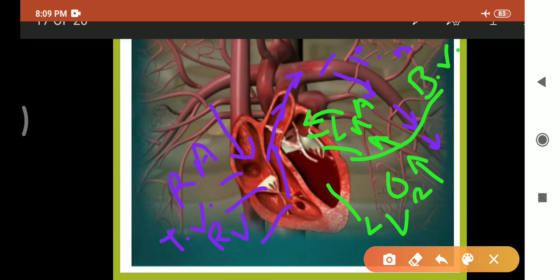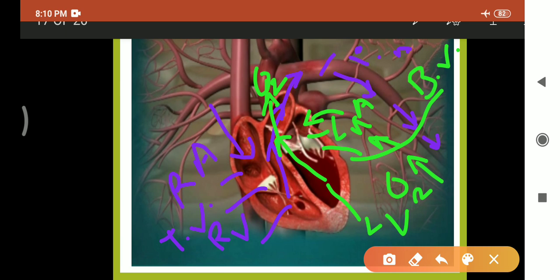When the blood enters the left ventricle, it expands. When the left ventricle expands, the next event happens. What is that? The left ventricle will contract. When it contracts, the blood goes to the aorta. So what is the function of the aorta? The aorta carries this oxygen-rich blood, the green color I am showing.